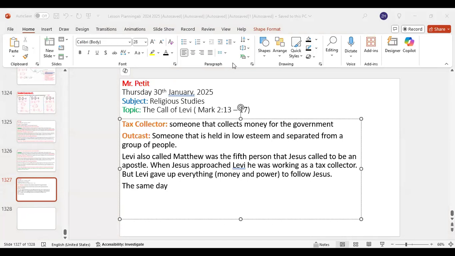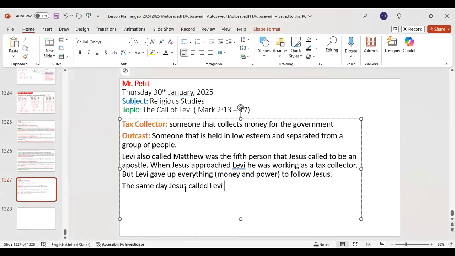He left all of the money on the table. He left all of the stuff that he was dealing with, and he just went. He's not going to do that life anymore. He realized that Jesus had called him to do a special work, and he wanted to be a part of that work. So the same day, Jesus called Levi.